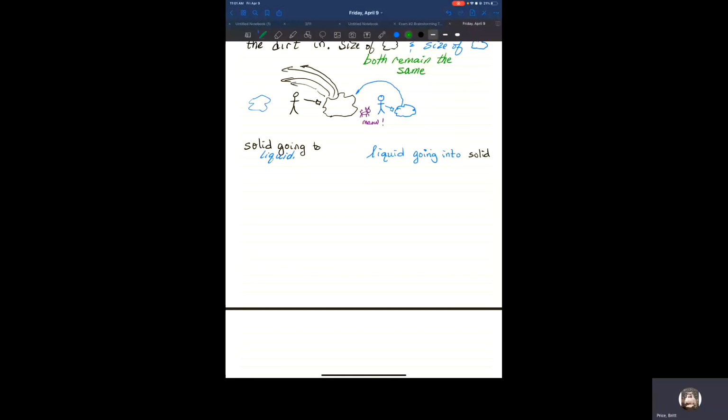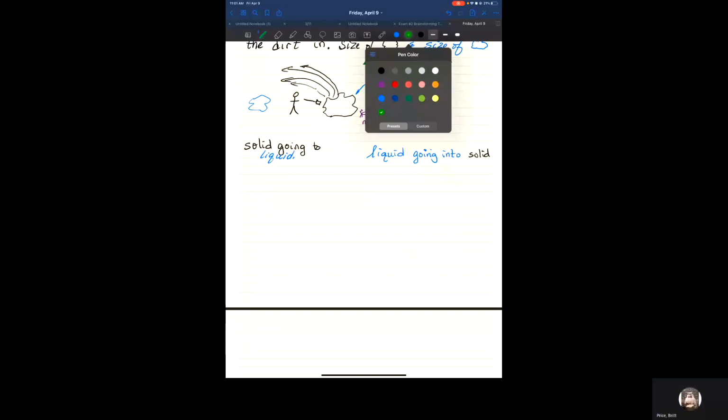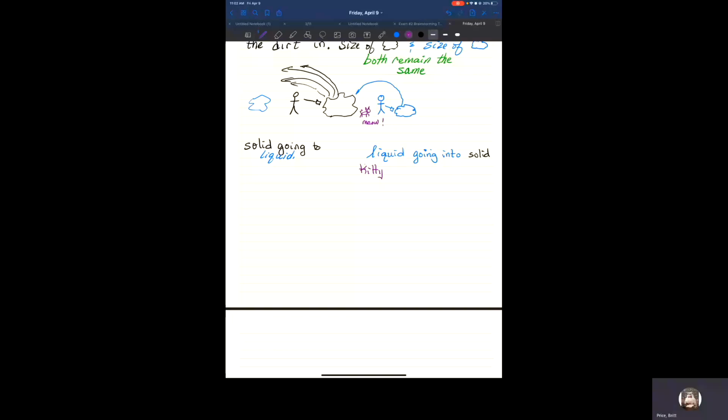All right, so now what happens here? The kitty's going to distract the digger.